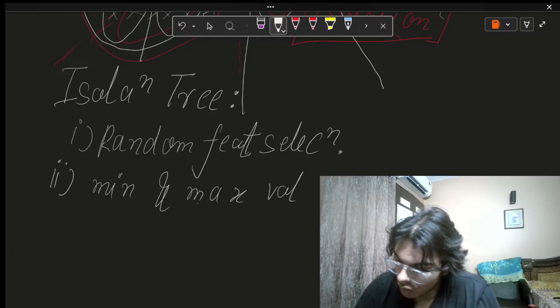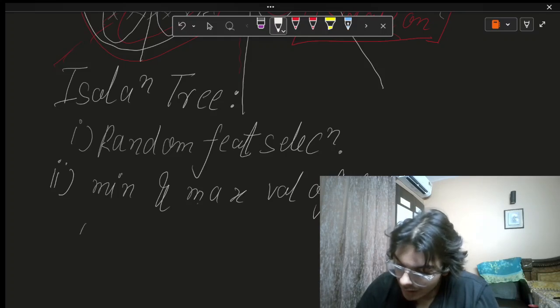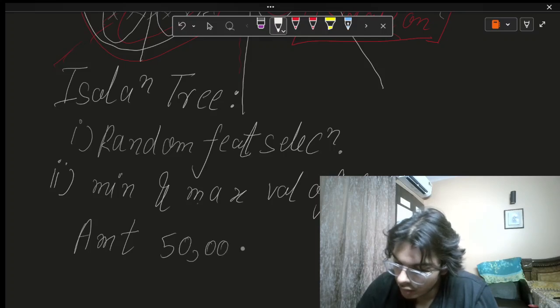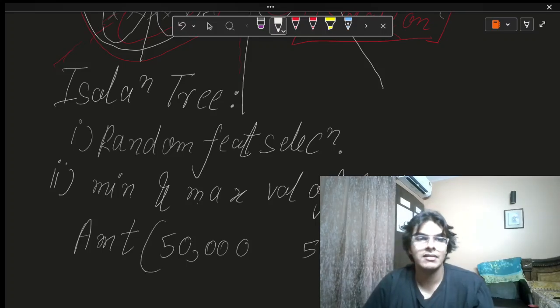Let's say we have the feature amount, which is there in today's data set as well. Let's say the minimum value of amount is 50,000 and the maximum value is 50 lakh. It can be anything, so this is my minimum and maximum value.